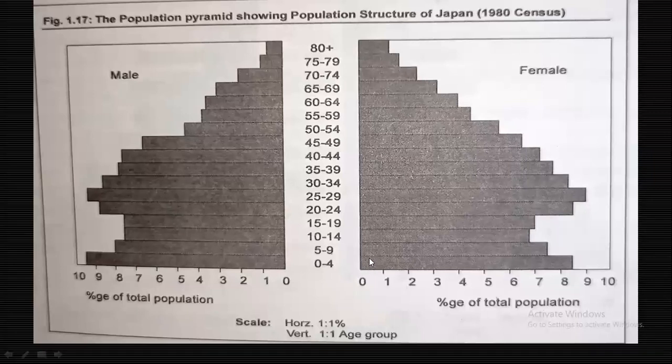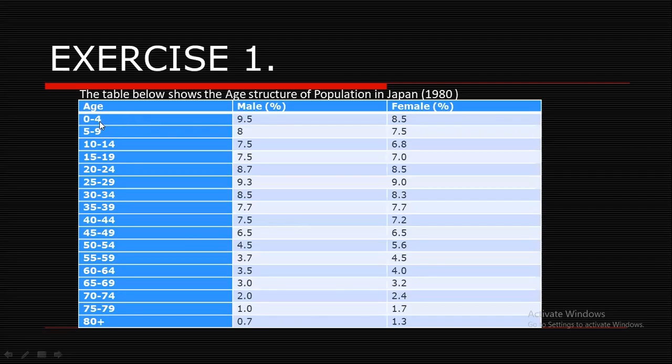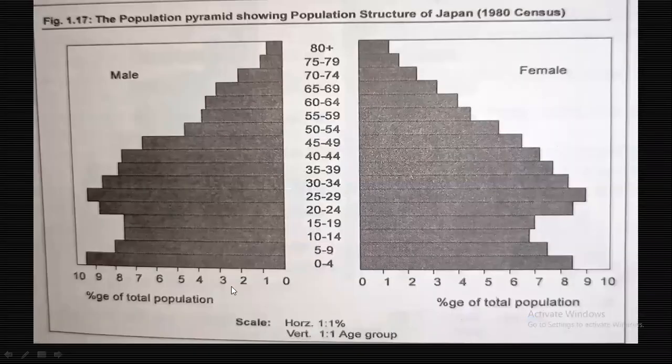Now, on this side, we shall represent, for example, if we went back here, we are saying that for ages 0 to 4, we are having 9.5. So if we moved, this is 1 centimeter, and 9 will be up to here, 9.5, we label it. I always encourage students that where possible, you can shade it, or you draw afterwards, then you shade.